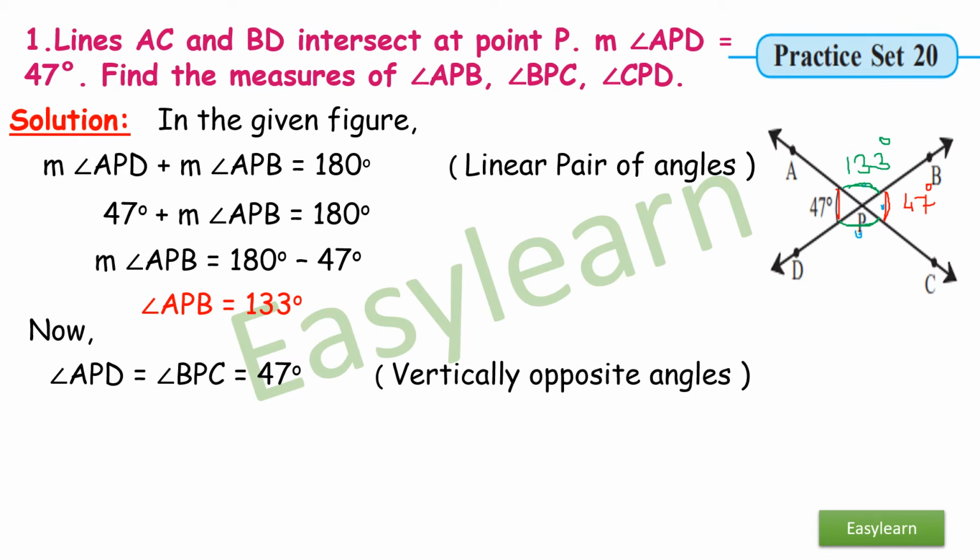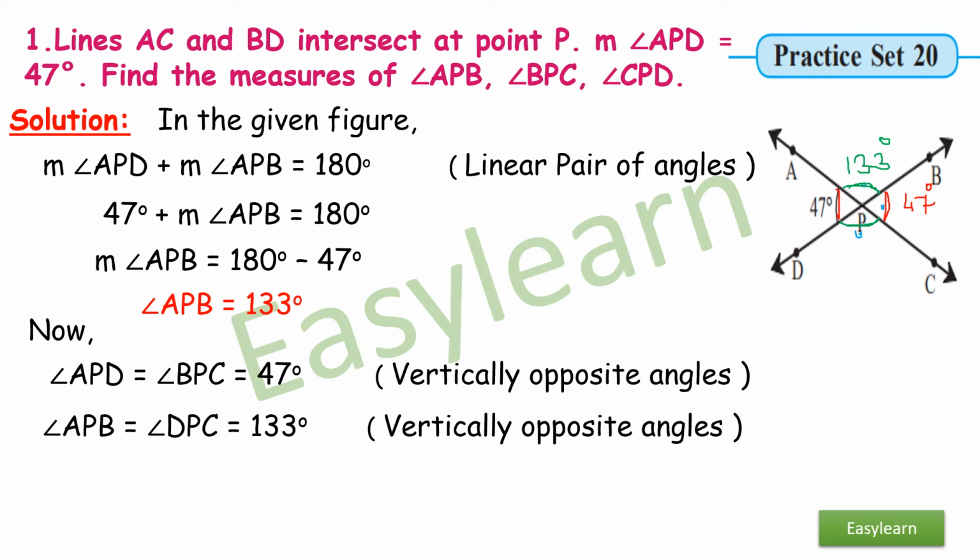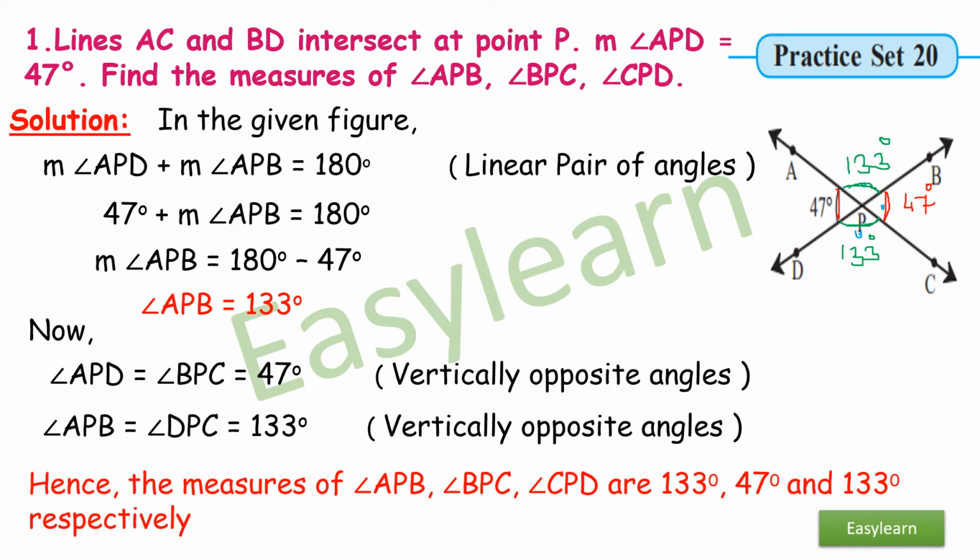Now, angle APD is equal to angle BPC. Why? Because they are vertically opposite angles. So both are 47 degrees. And angle APB is equal to angle DPC, again because both are vertically opposite angles. So this will also be 133 degrees. Hence, the measures of angle APB, BPC, CPD are 133 degrees, 47 degrees and 133 degrees respectively.